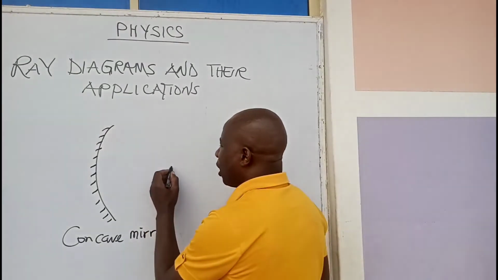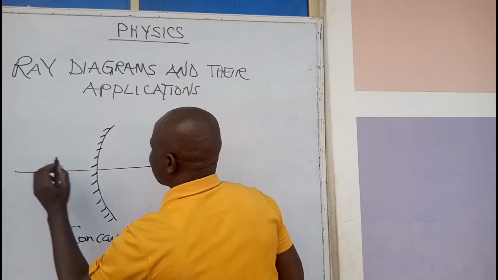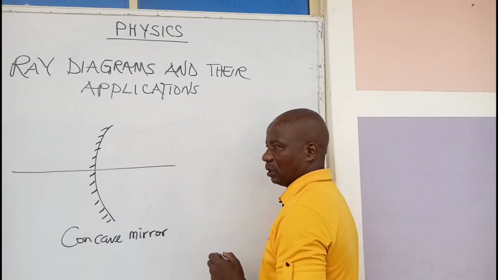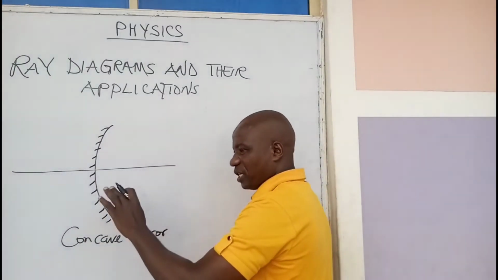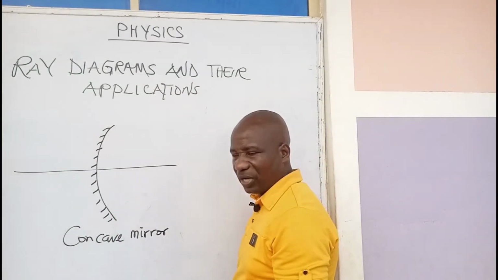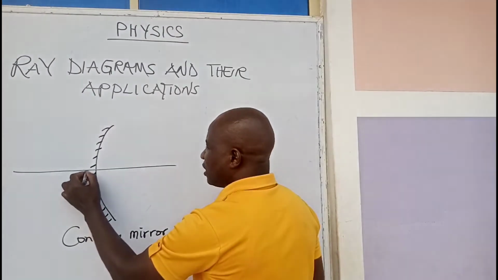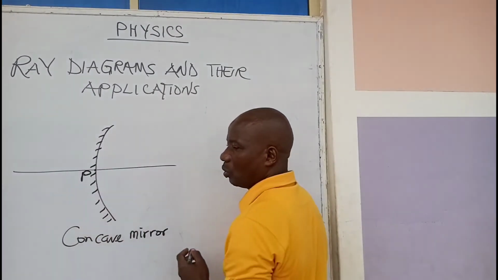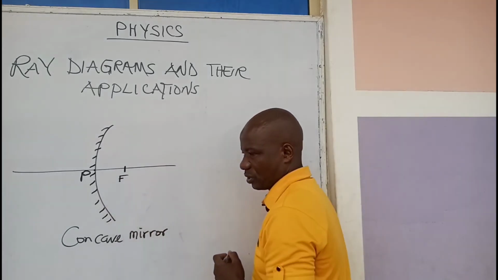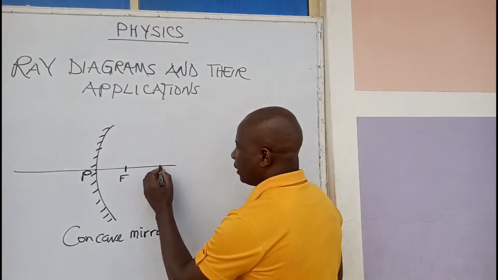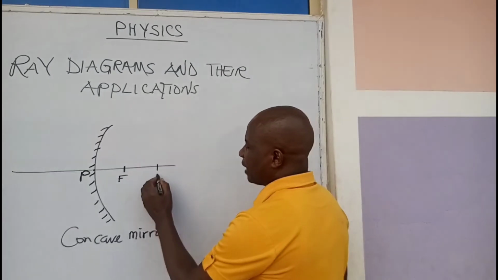And this concave mirror has an imaginary line, invisible. You cannot see it, but it is there. Now, this point is labeled pole. This is called the principal focus, while here is called the center of curvature.